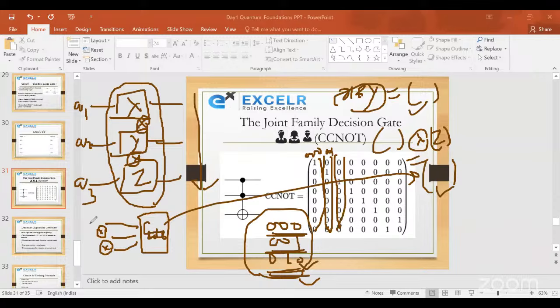So for the input side, we are very sure that it will have a column matrix like this or this. We will have any one state in the input, and for the final resultant gate, we have evaluated a final matrix here. Then we go on with the simple multiplication, but everything goes in sequence from right to left.